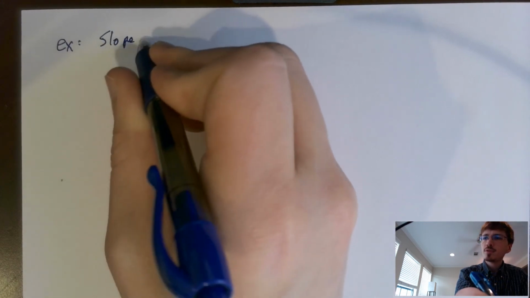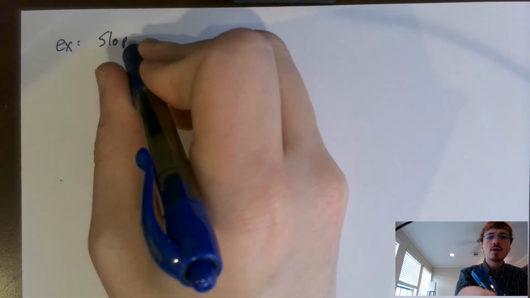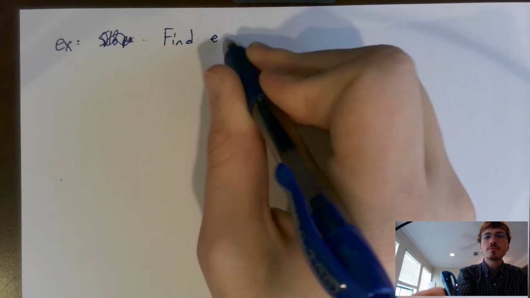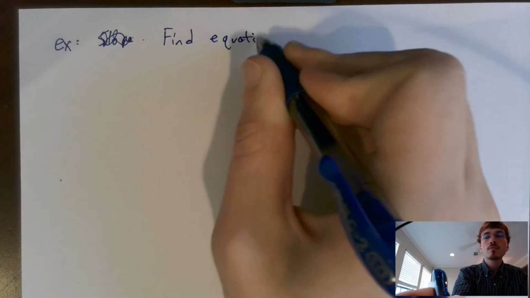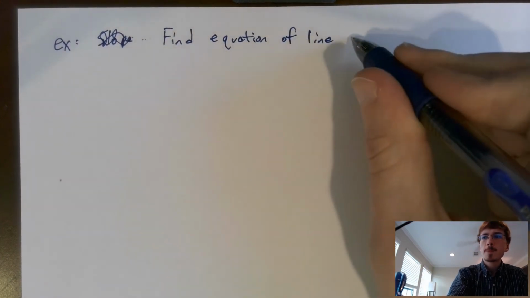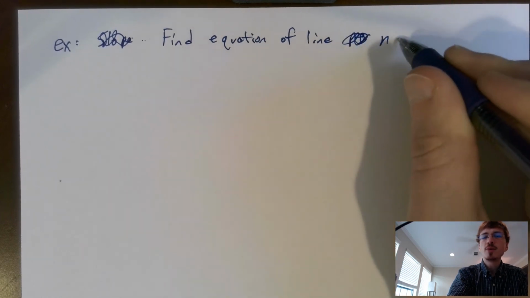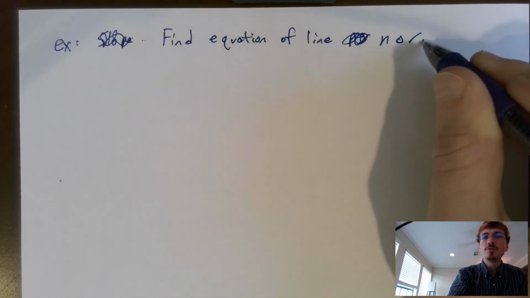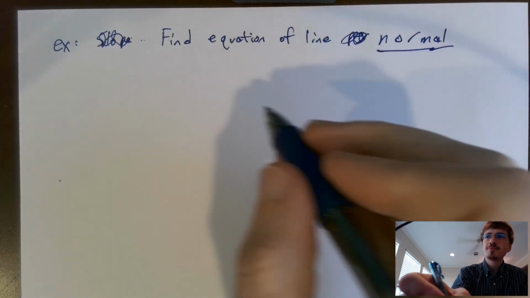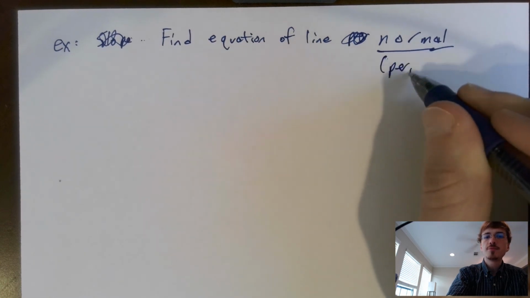Find the equation of the line, and we're going to have a new word, normal. The word normal means perpendicular.